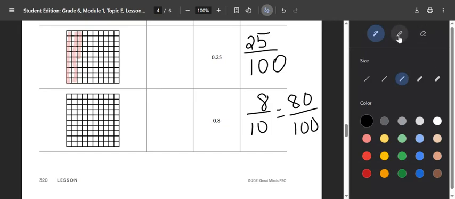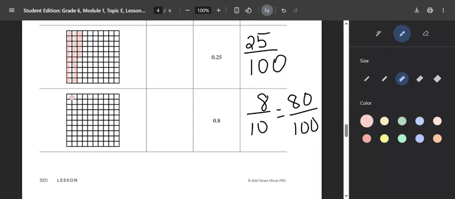And of course, when we shade that in, that's going to be 80 shaded in. 1, 2, 3, 4, 5, 6, 7, 8. This whole section here. All of this. And that'll give you 80 out of 100, which is 80%.